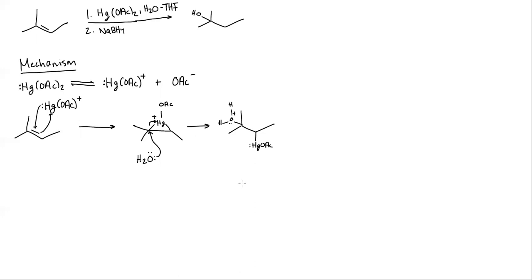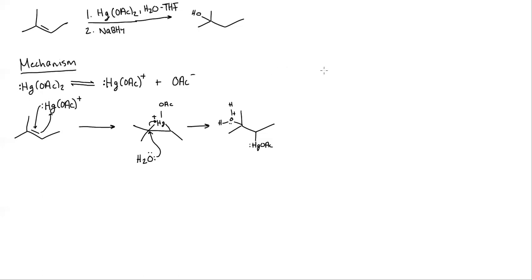So I just add water, which is eventually going to become my alcohol, and then I have HgOAc as well. Okay, so now this step makes the HgOAc and the water anti to each other. That's not super important, but that is something of note. So those two things are going to be anti to each other at this point, but in the end product, it doesn't actually matter.